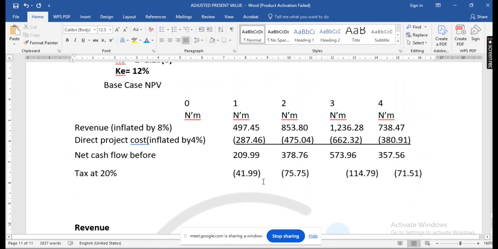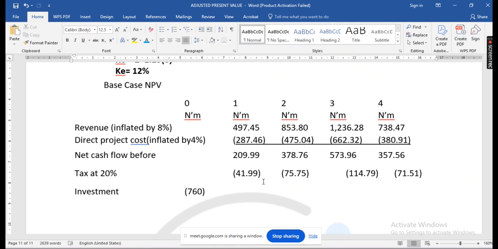Okay. So what is the investments? The investment is 760 million. 760. Thank you. Right. So they sold it at the end of the year.